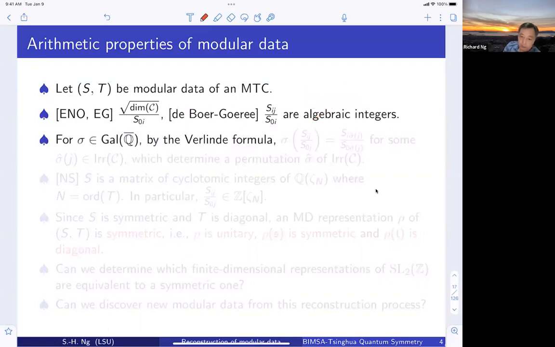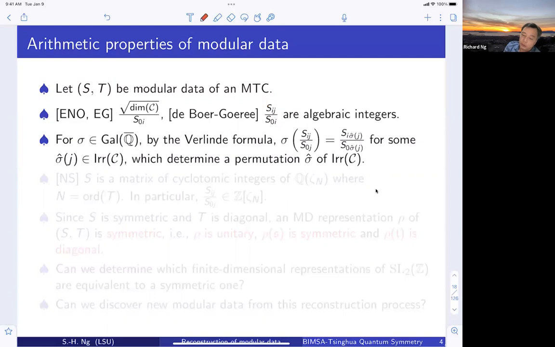So because these are algebraic integers, you can take an automorphism of the absolute Galois group. Well, this all goes back to the Verlinde formula. Basically, each of these quotients Sij over S0j determines a character of the fusion ring, or the representation ring, of the modular tensor category. So this is a character. When you apply a Galois conjugate, you still get another character.